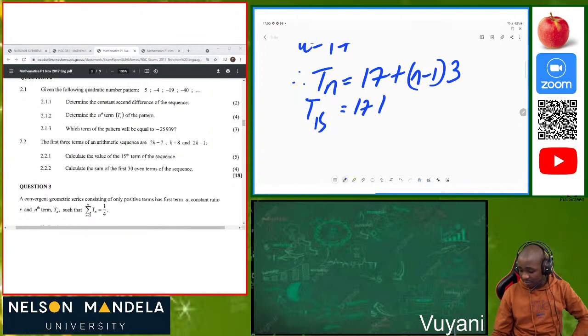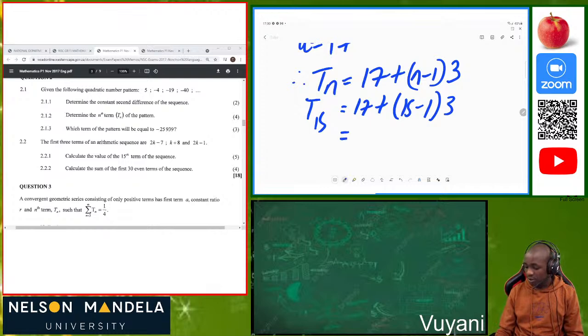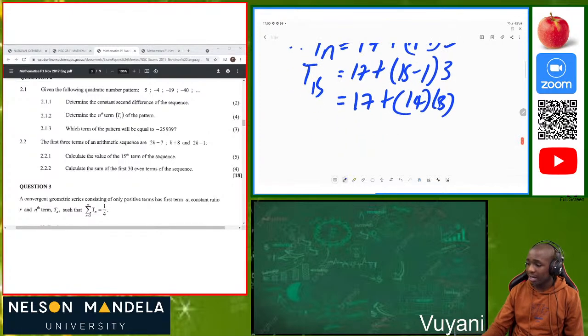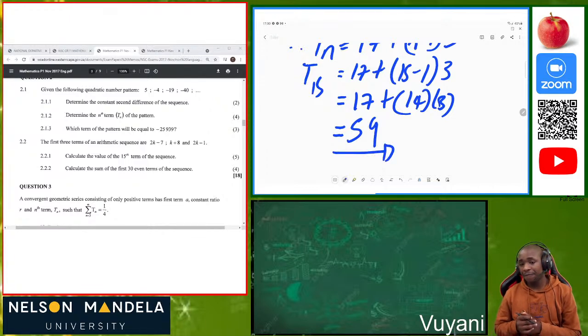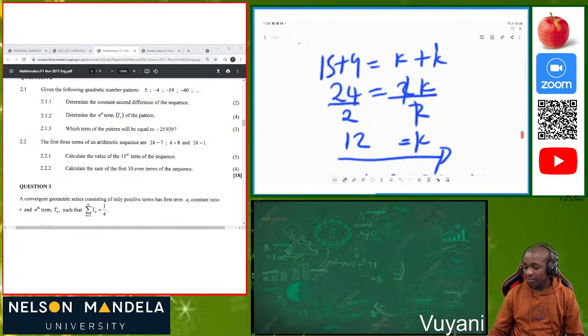So it's going to be 17 plus 15 minus 1 times 3, which will be 17 plus 14 times 3. Then we use our calculators and we get 59. So our 15th term is 59.